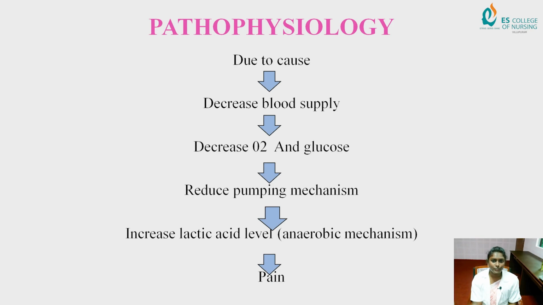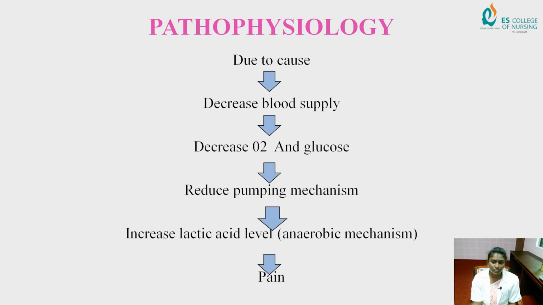And the pathophysiology of angina pectoris: due to the etiological factors discussed above, there is decreased blood supply to the myocardial muscles, decreased oxygen supply and glucose level. Then the pumping mechanism is reduced, and at last anaerobic metabolism takes place.